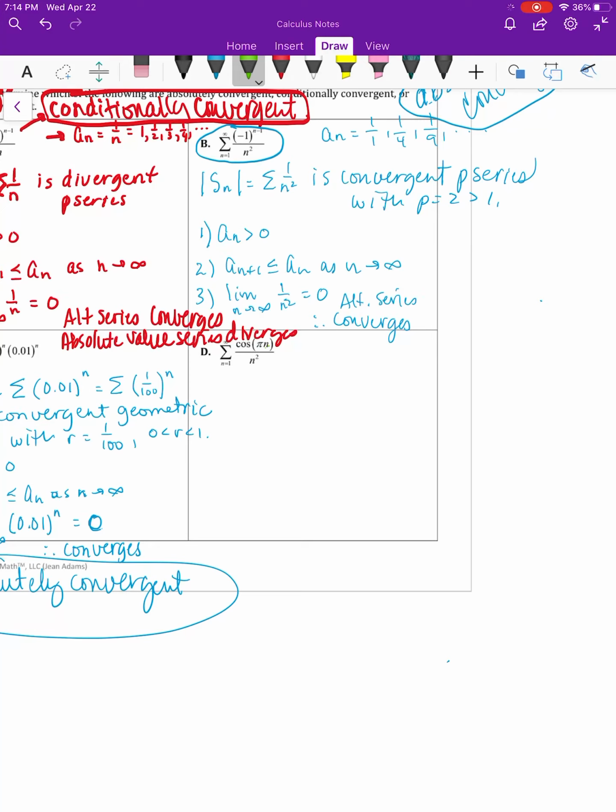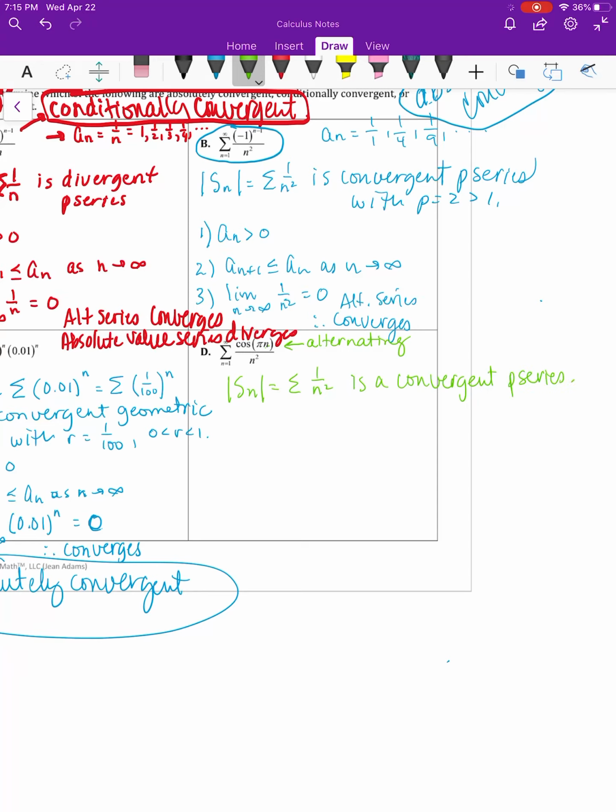All right, now let's do D. It doesn't seem to be alternating unless you think about it: when n is 1, that's the cosine of pi, which is negative 1. Cosine of 2 pi is 1, cosine of 3 pi is negative 1, cosine of 4 pi is 1, cosine of 5 pi is negative 1.